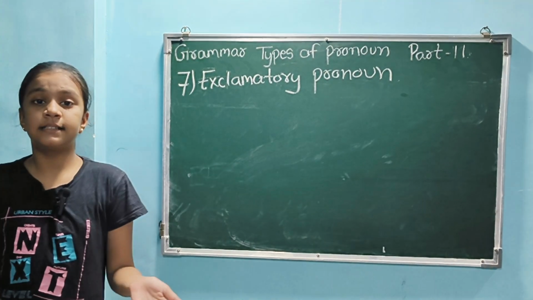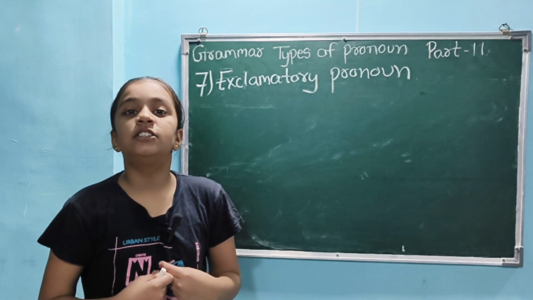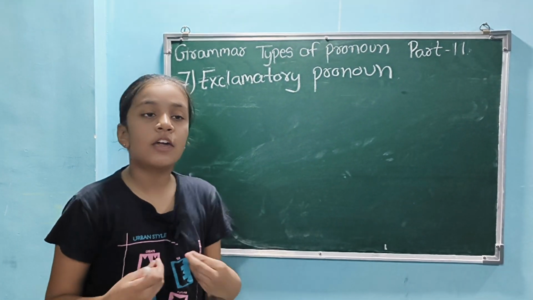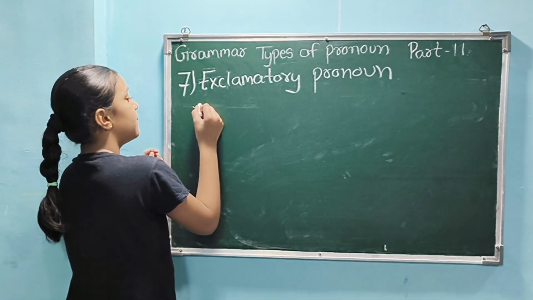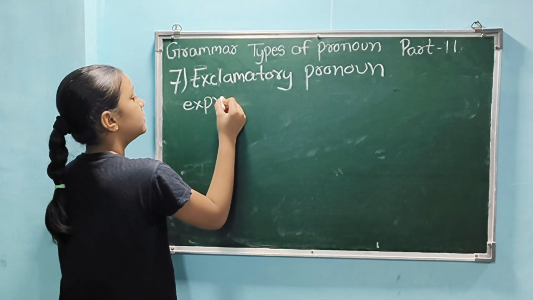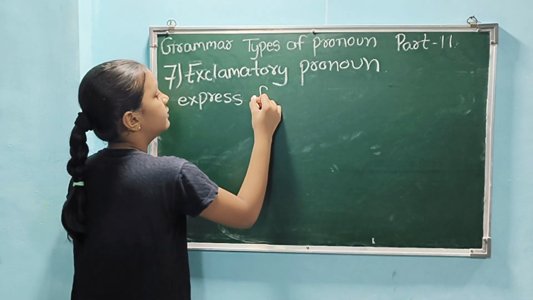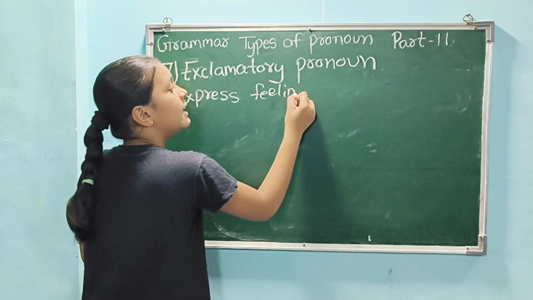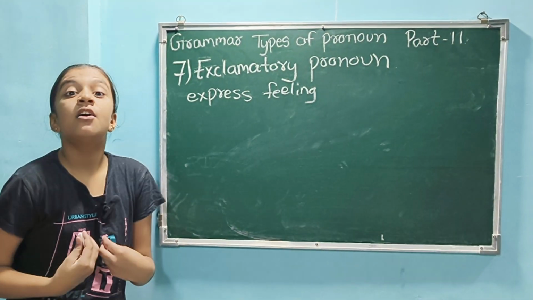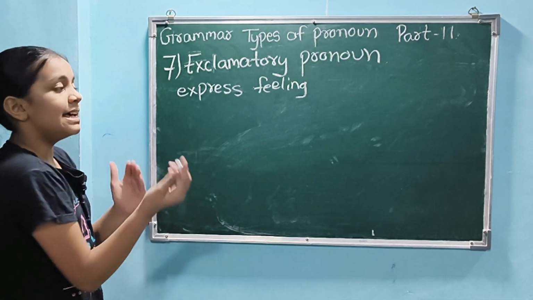Now what do I mean by exclamatory pronoun? It is used to express our feeling. Understood everyone? It is used to express our feeling. Okay, so this is known as exclamatory pronoun.